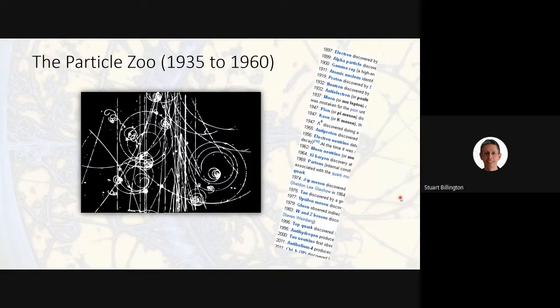There was so much energy that actually we could make particle-antiparticle pairs. So the kinetic energy would be turned into mc squared times 2 of particles and antiparticles.